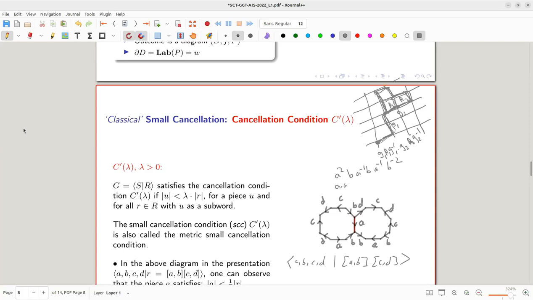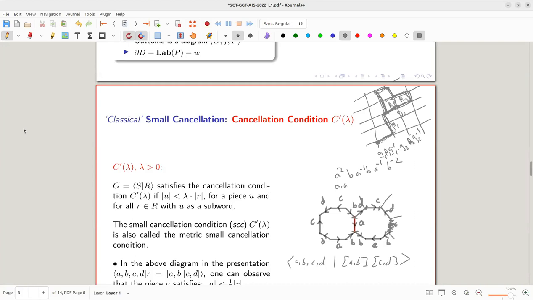If we remember our definition of a piece, a piece in this case is just this. If you have another octagon sitting here, then a piece is just this, right? If you have another octagon sitting here, then just this much is a piece. Now, how much is the length of that piece compared to the length of the relator?